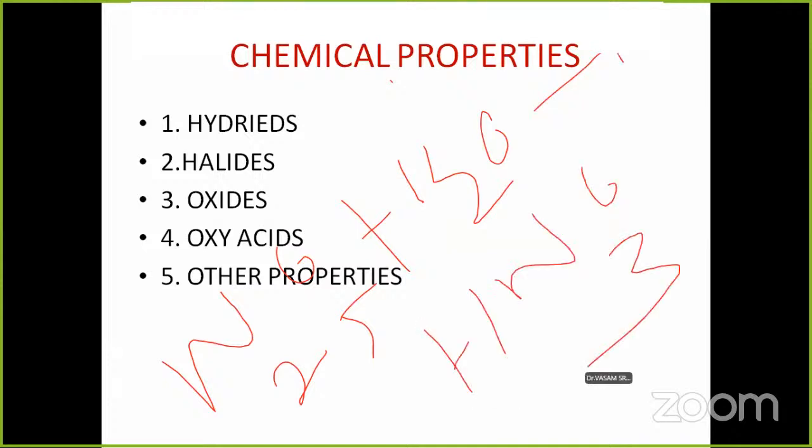You should get the idea of the concept. Any nitrogen oxide when dissolved in water produces an acid. N2O5 when dissolved in water gives HNO3, called nitric acid. Or you take N2O3, you get HNO2, nitrous acid. In this way we get different acids.